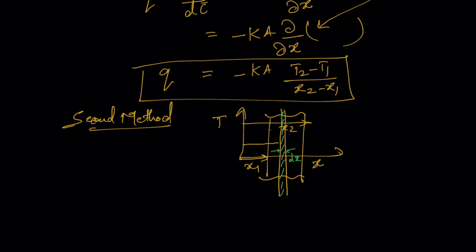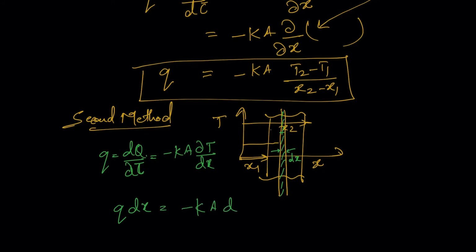And what will be that? Q equals dq by d tau equals minus Ka dT. Suppose the temperature change through this width dx is dT. So q into dx is equal to minus Ka dT. And q is constant because heat flow will be constant.